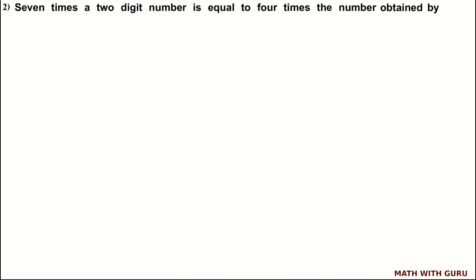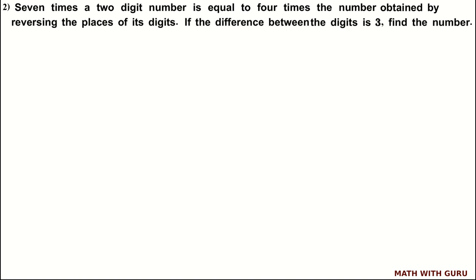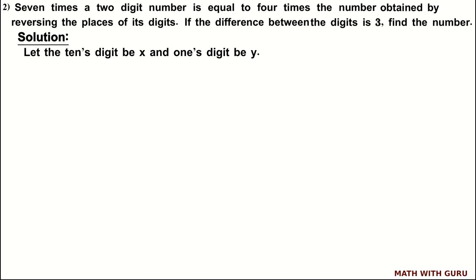Second question, 7 times a 2-digit number is equal to 4 times the number obtained by reversing the places of its digits. If the difference between the digits is 3, find the number. Let the tens digit be x and the ones digit, the units digit, be y.